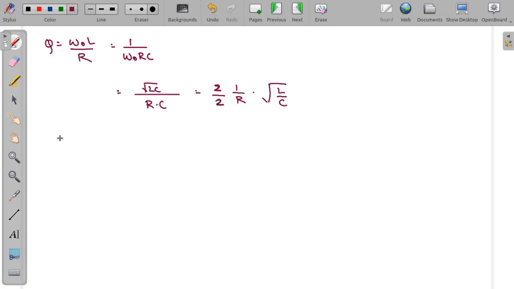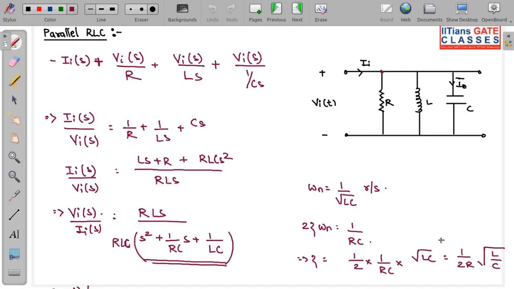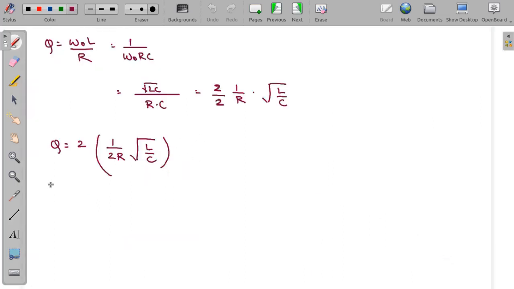So the quality factor is equal to 1/(2R) under root of L/C. So we have just now calculated that this 1/(2R) under root of L/C is your zeta.